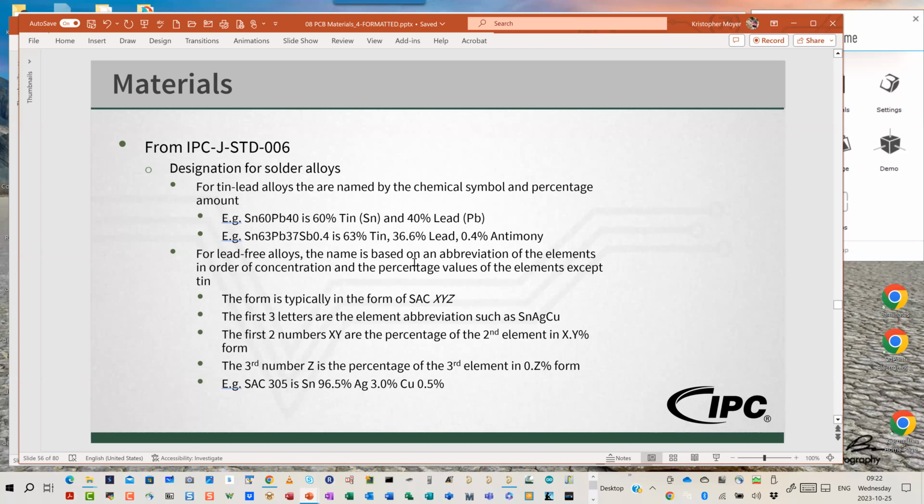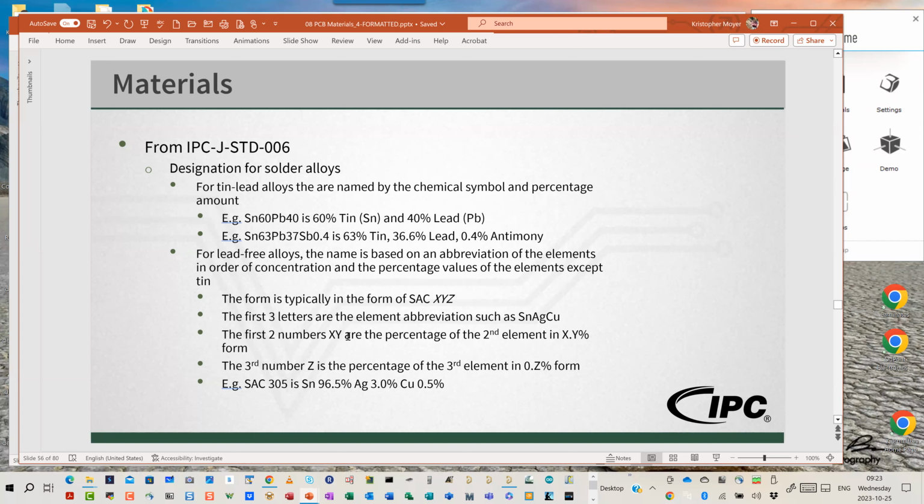And in lead-free alloys, the name is based on an abbreviation of the elements in order of concentration and the percentage value of the elements except for the tin. The form is typically SAC XYZ, where the first three letters are the elements, such as tin, silver, copper. So the S, the A, and the C give us Sn, Ag, Cu. So SAC.